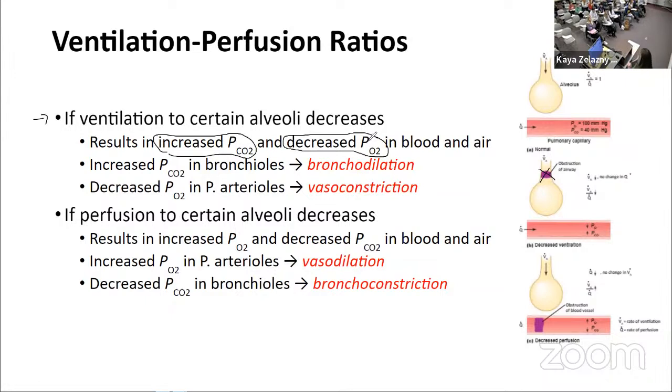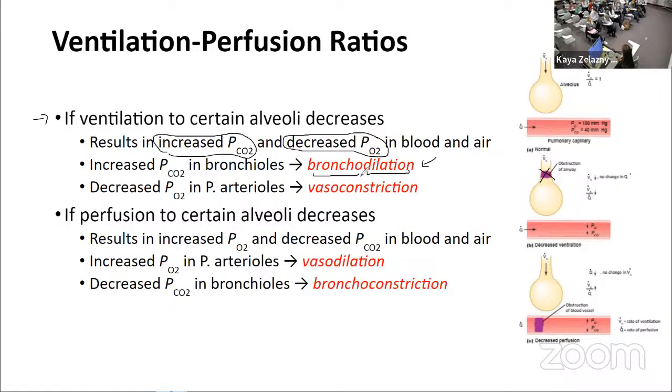So to try and fix this, you are going to want to adjust your airways and adjust your blood flow, essentially. You adjust your airways by responding to that carbon dioxide. When you see an increase in carbon dioxide, that causes bronchodilation.